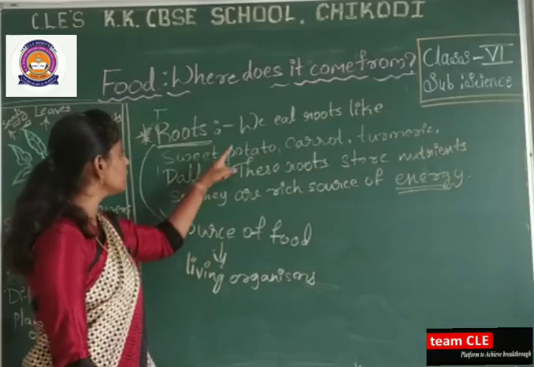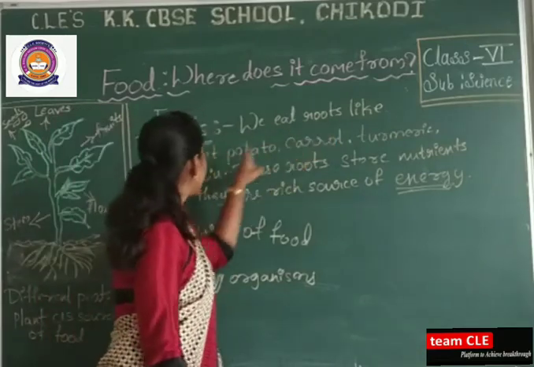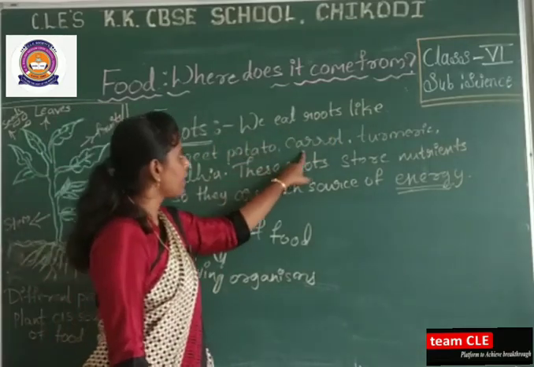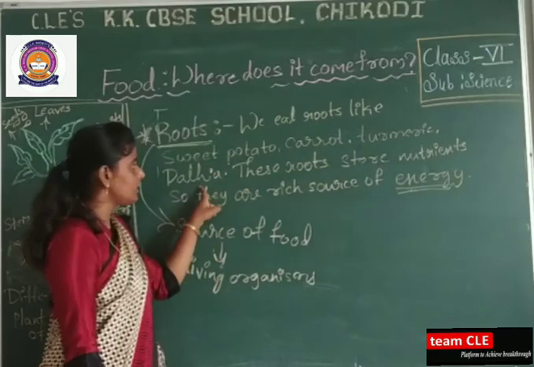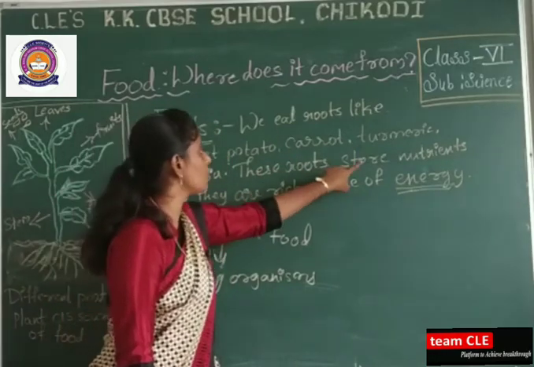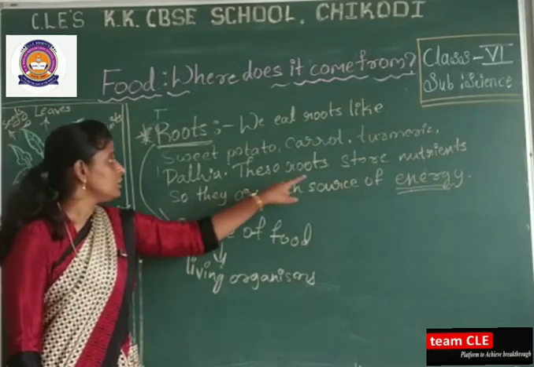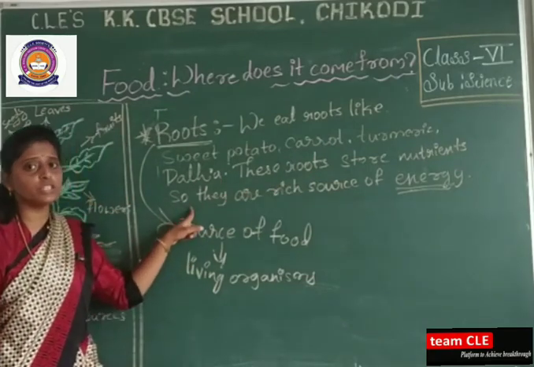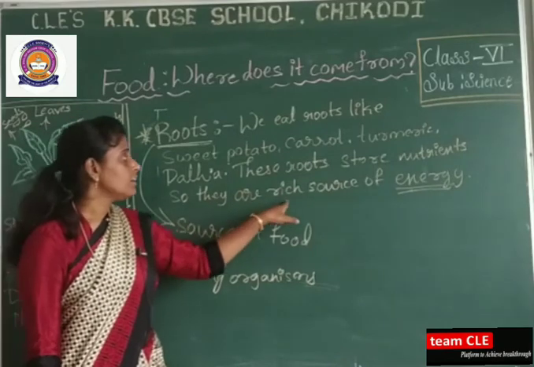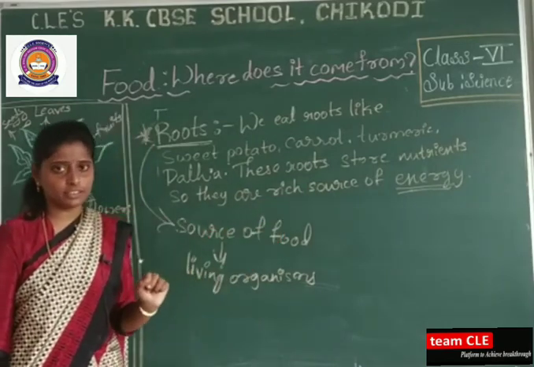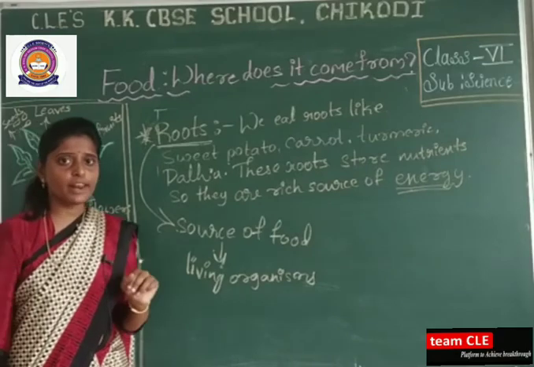We eat roots like sweet potato, carrot, turmeric and dahlia. These roots store nutrients because they are a rich source of energy. I hope you all are understanding.